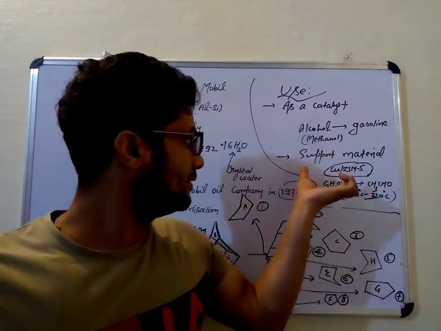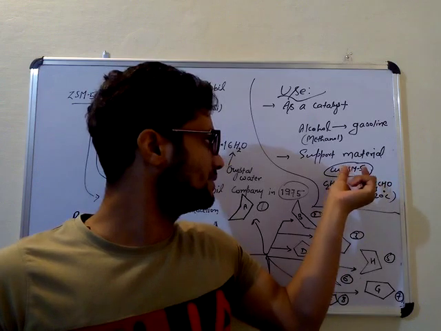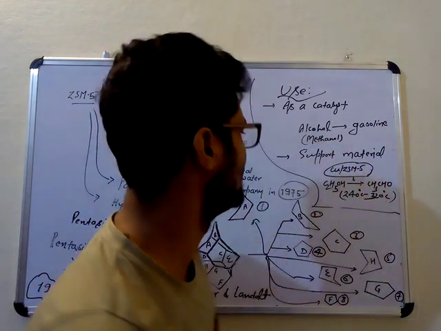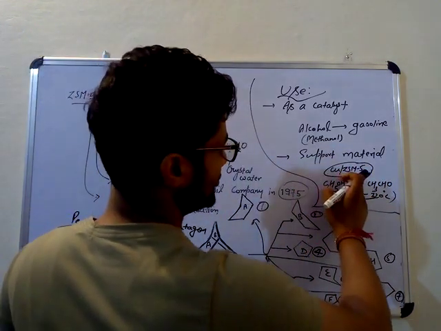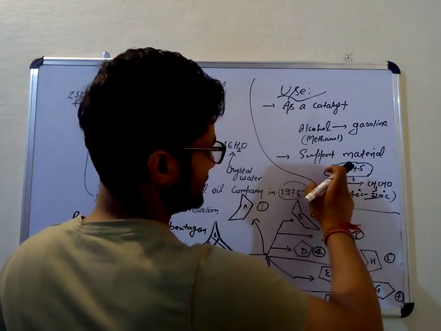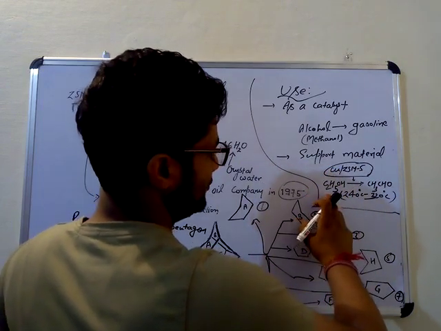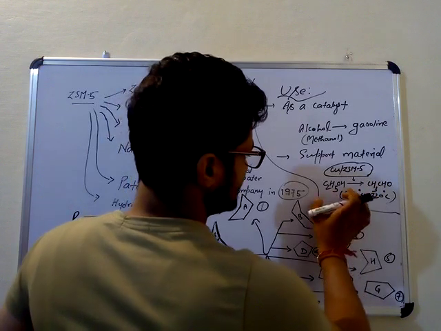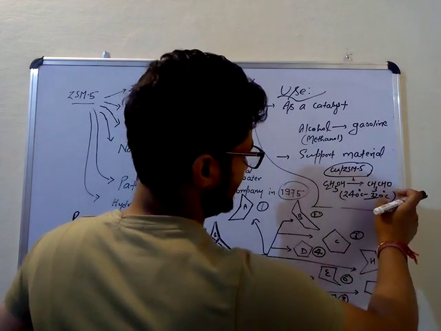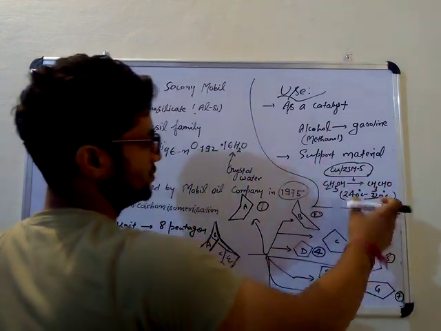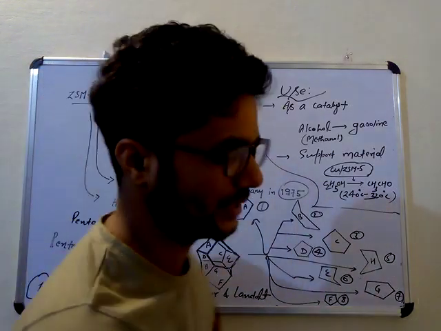Here ZSM-5 acts as a support material in the copper-supported ZSM-5 catalyst, which is used for the transformation of ethanol to acetaldehyde in the temperature range of 240 to 320 degrees centigrade.